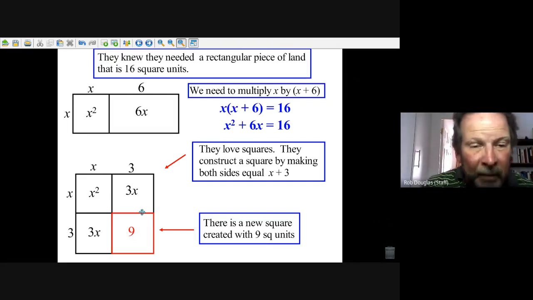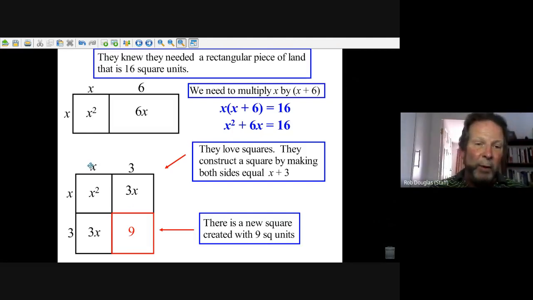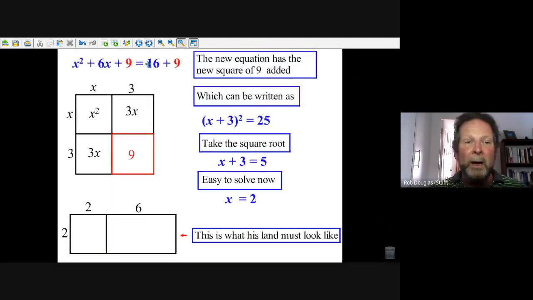And that's what they did. By creating this x plus 3, they created a new little square here. And we know the area of it, though. It's 9 square units. Now they made, in a picture, they kind of made something new. We're going to use algebra. We ended up adding 9. When we completed the square, we add 9.